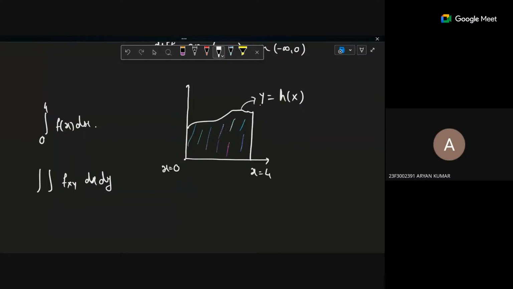Then how will you go with that? Ma'am, y limit will go from 0 to the inverse of that function. Let's say h is a function of x, like x square plus x cube plus k.